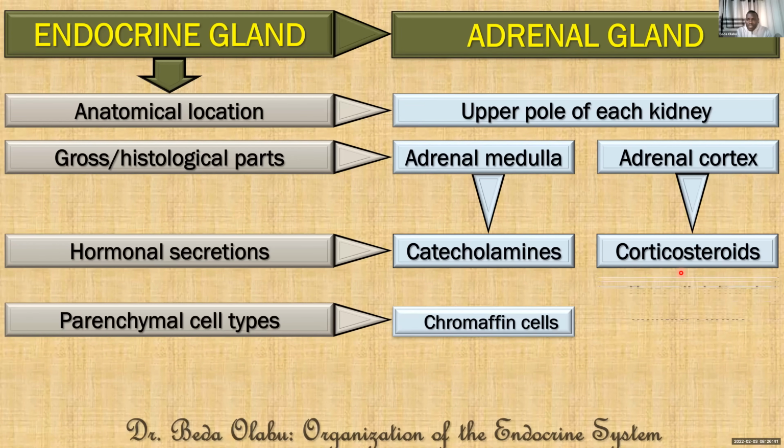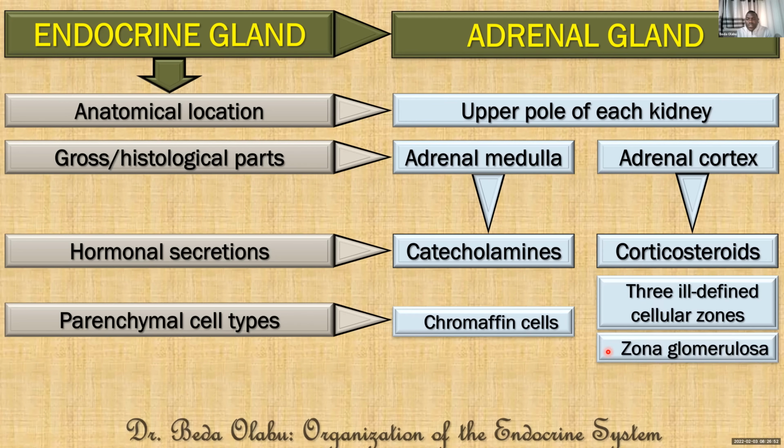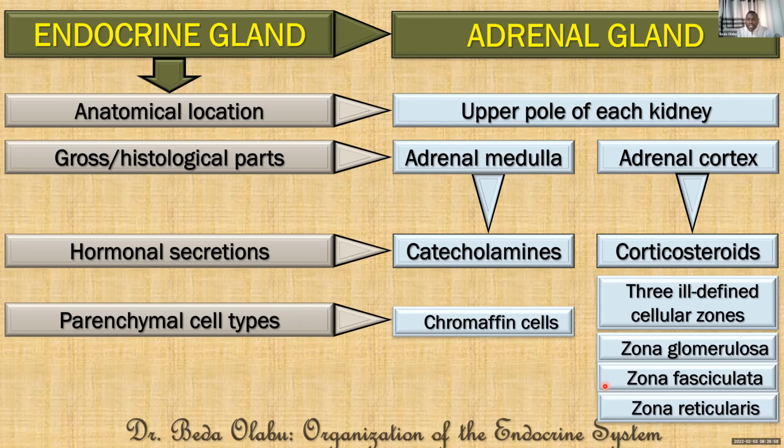The cells that produce corticosteroids exist in some three not so well-defined zones. We give them names. We have what we call zona glomerulosa, zona fasciculata, and zona reticularis.